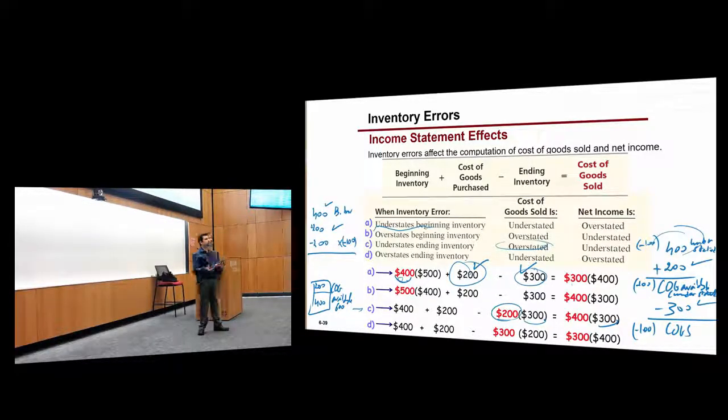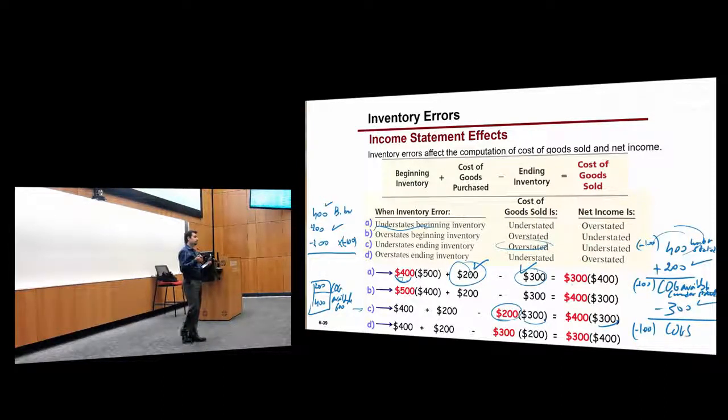When the cost of goods sold is overstated, your expenses are overstated. Your net income will be understated. You want to think about it this way: beginning inventory and the cost of goods sold will be in the same direction. Understating beginning inventory will lead to an understatement in cost of goods sold. Overstating beginning inventory will overstate cost of goods sold. And then from cost of goods sold to get to net income, you flip them.